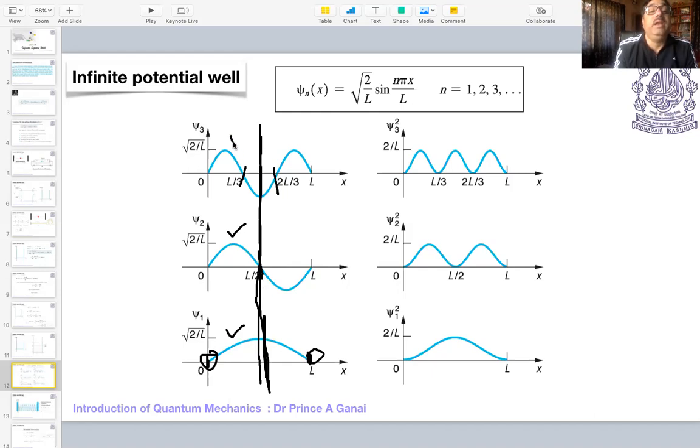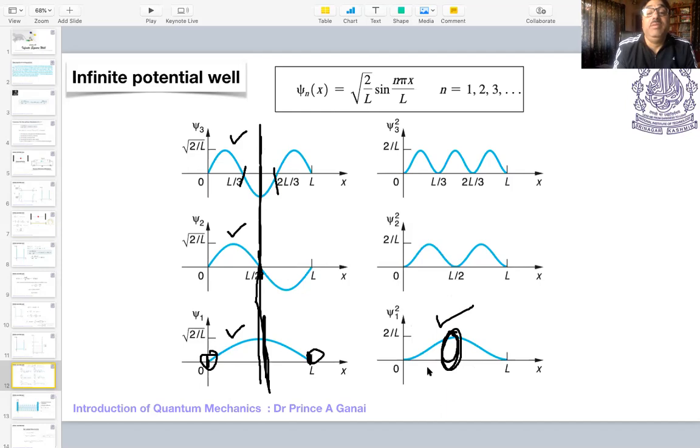Then psi3 is also symmetric, and psi4 will be anti-symmetric. If we see the probability density, we find something very interesting: in the ground state, the particle is most likely to be found in the middle of the potential.